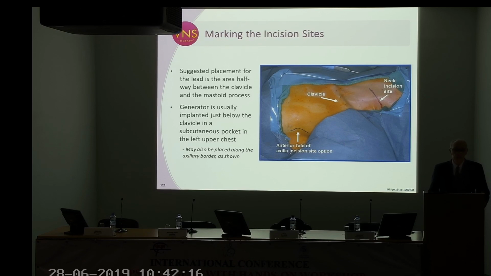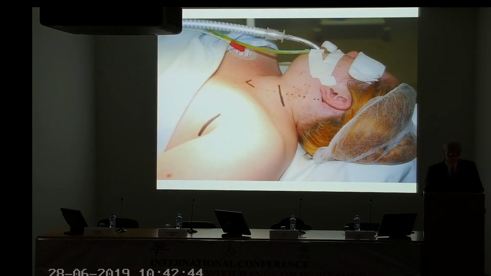So the neck must be a little extended, and you see here, this is the clavicle. This is the mastoid here. Somewhere in between, on the left side, you make this incision. Transverse incision for aesthetic reasons, like you do for cervical approach. And this is a real case.